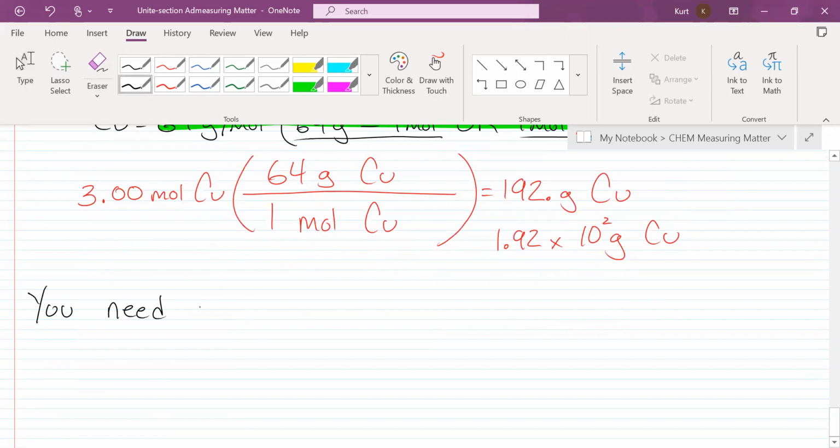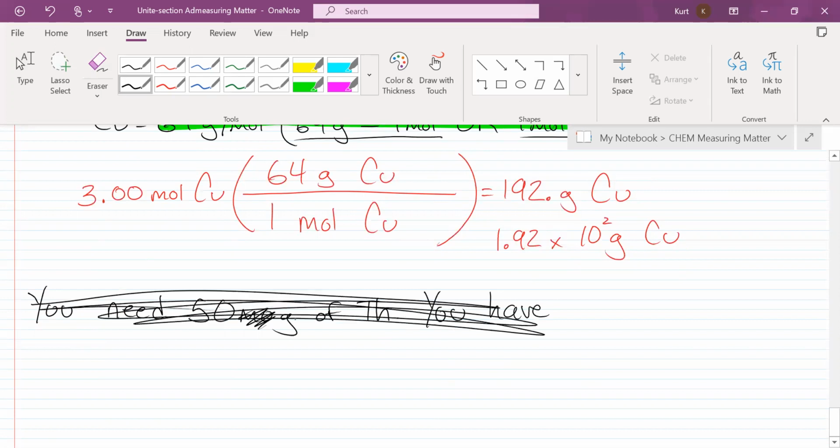You need 5. No, wait. You need 50 grams of thorium. You have, no, don't write anything until I'm done. I'm trying to think this out on a whim. Okay, I got it.